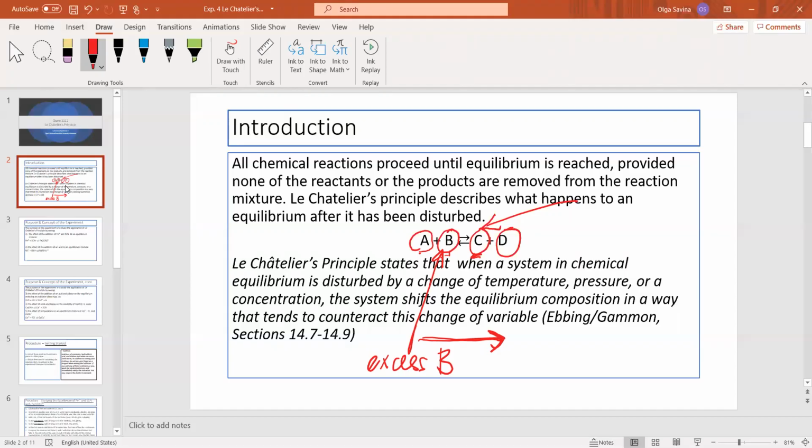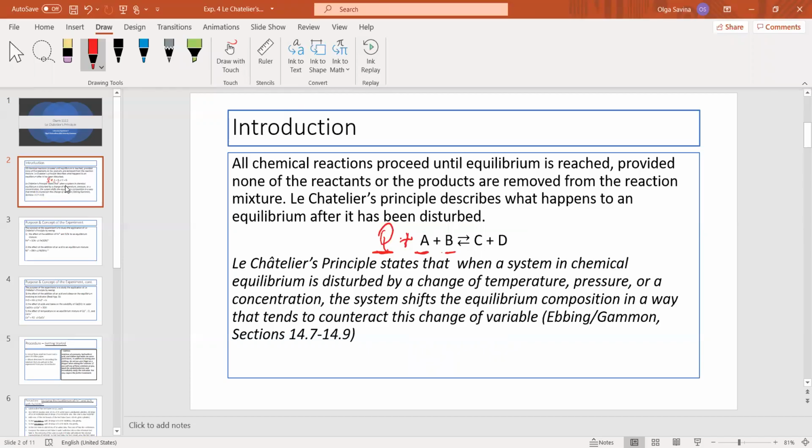Another way we can do that is we can just remove D. If we remove D, the system will respond by producing more C and D, and again the equilibrium will be shifted towards the product. Also, we can consider heat and change heat. If, let's say, the reaction is endothermic, in this case heat is absorbed, we can consider heat as a reagent and do the same.